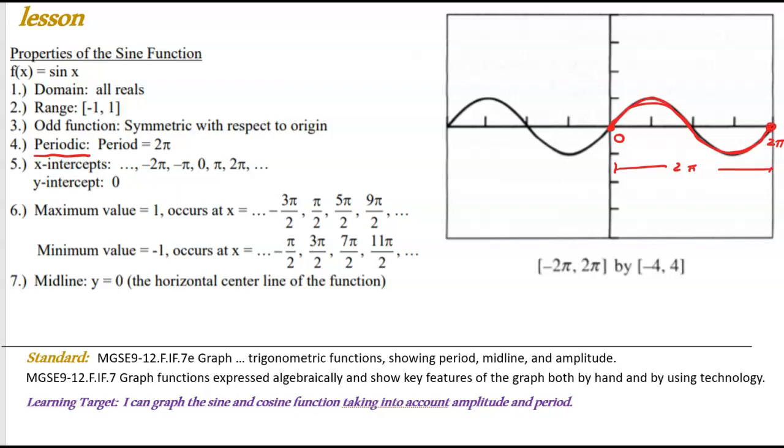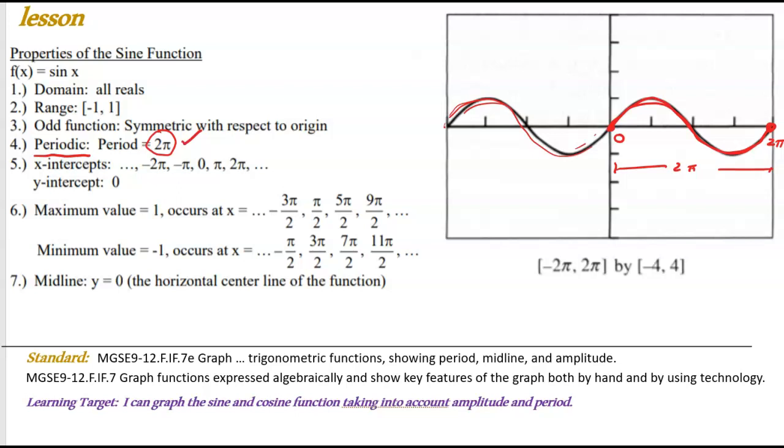After 2 pi, you just get a replica. You get another wave that looks exactly the same. So if you look over here, this wave, which has a length of 2 pi, is just a replica of this part. So the original period, which is the length of the wave, is 2 pi. You need to know that the original sine function has a period, a wavelength, of 2 pi.